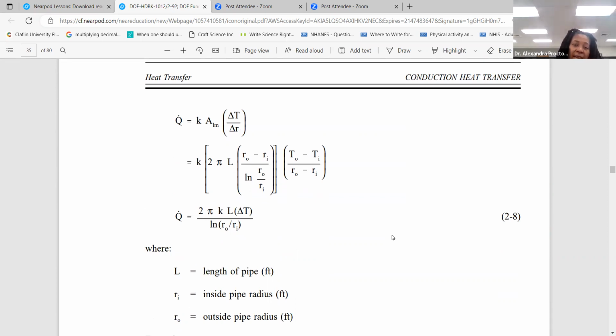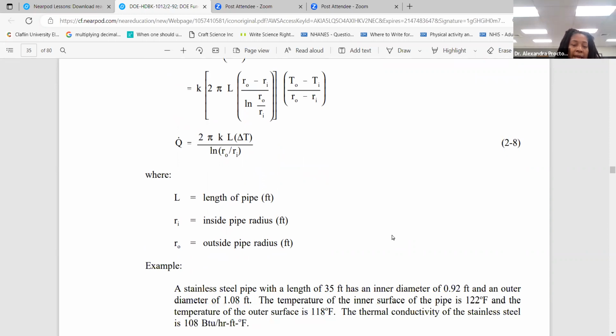So Q is equal to K A_LM delta T over delta R. They've substituted for A_LM, and they've gotten Q is equal to 2 pi L K times R outer minus R inner over the natural log of R outer over R inner, times temperature outer minus temperature inner over R outer minus R inner. So L is the length of the pipe in feet, R_I is the inside pipe radius in feet, and R_O is the outside pipe radius in feet.